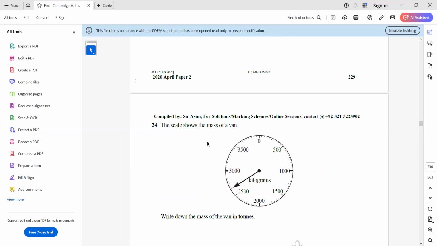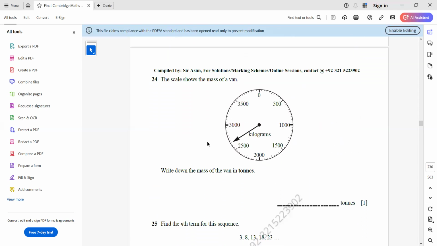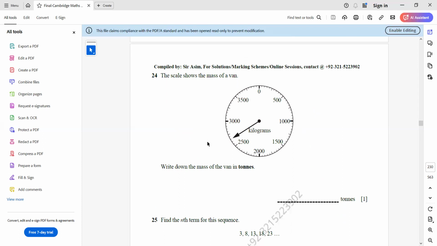Then it is question number 24. The scale shows the mass of a van. Write down the mass of the van in tons. First of all, we need to have the mass in kilograms.